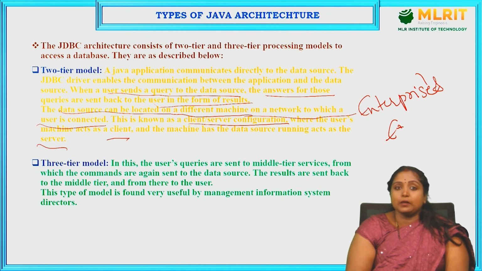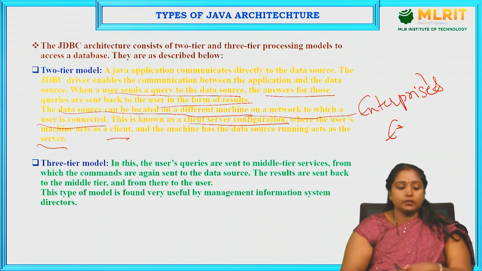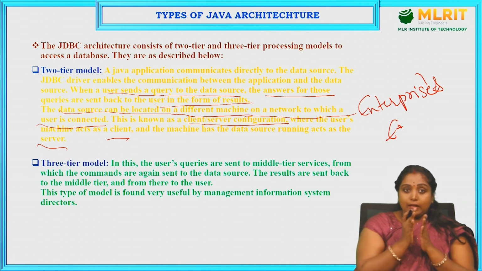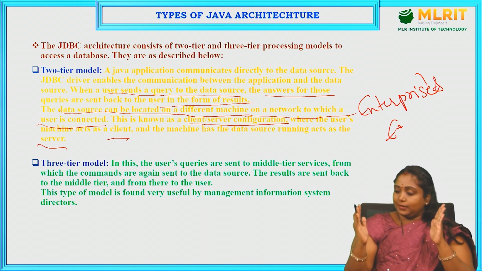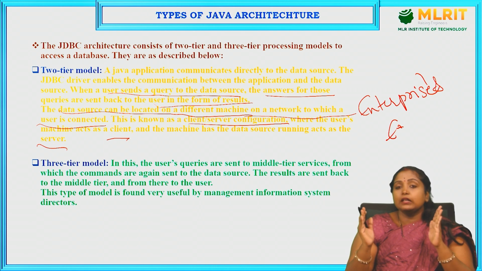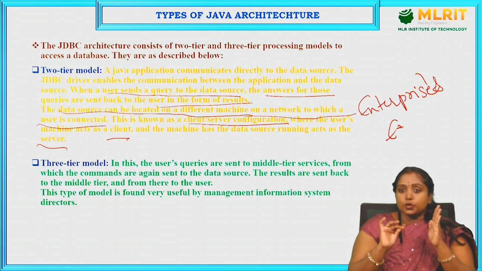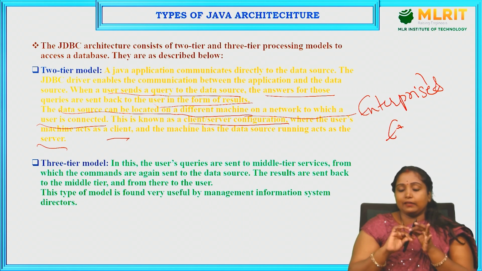Coming to the three-tier model. What is the three-tier model? Same as we just discussed, one system is used by the user, and another system has a database. There should be middleware services that can communicate with both the user and the database machine. So this is the three-tier model.